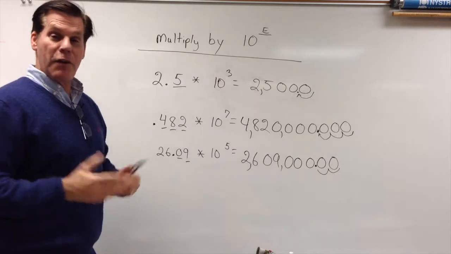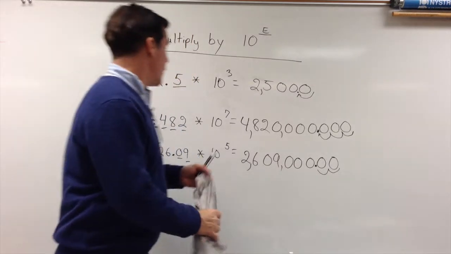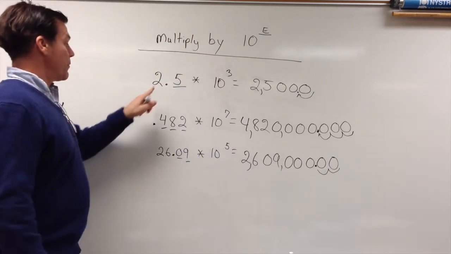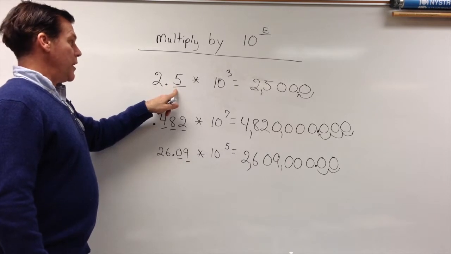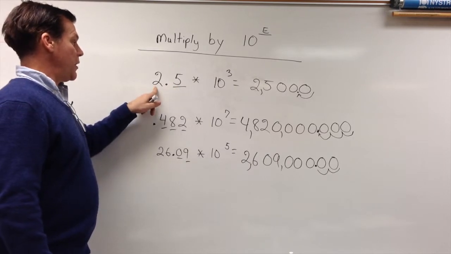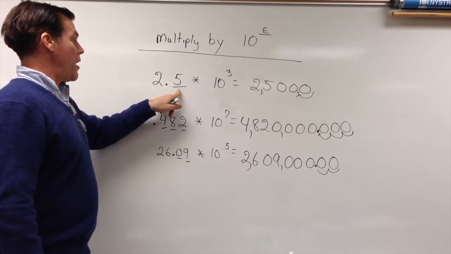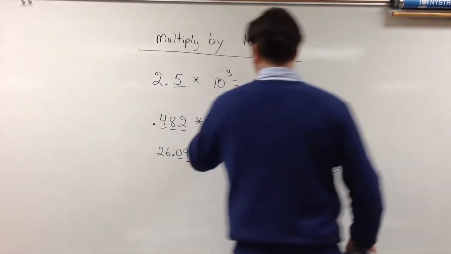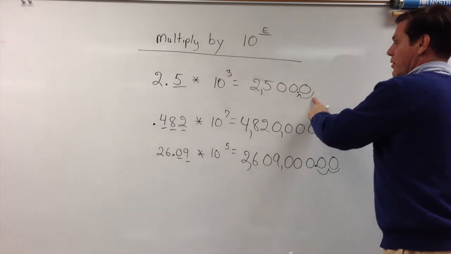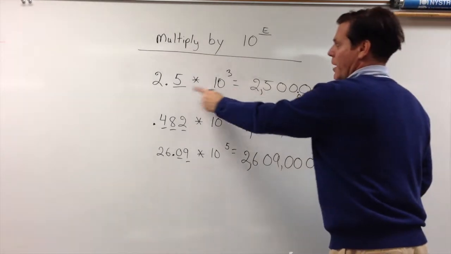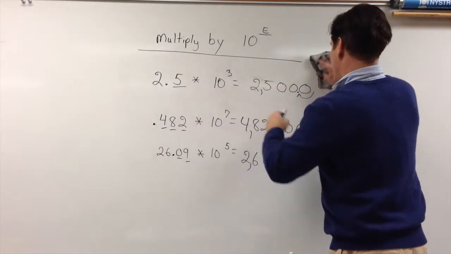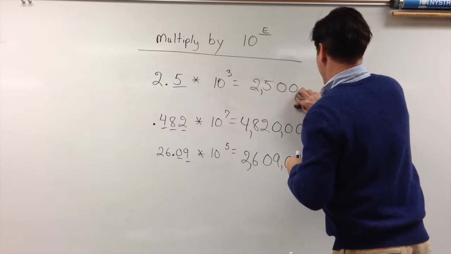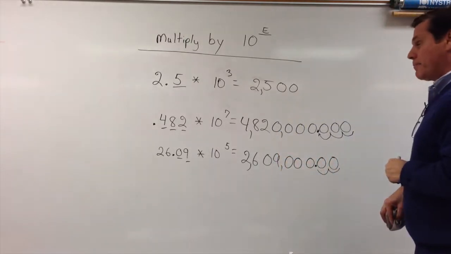Okay. Now, another thing that we could do is count decimal places here. So I can see I've got 2.5. There's 1 decimal place. Notice that instead of putting 3 zeros down, I could just say, okay, I know I'm going to take away 1 decimal place. So if I want, I just put 2 zeros down.